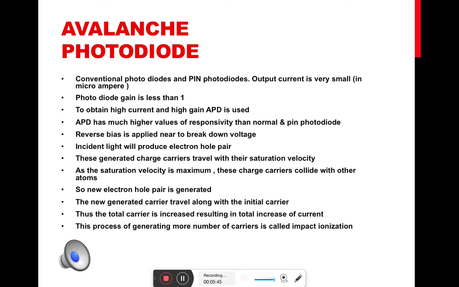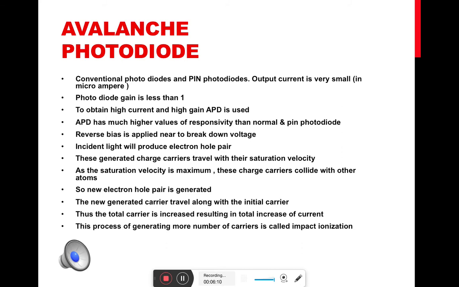In the working of the avalanche photodiode, the structure is similar to that of a PIN photodiode, but the only difference is that in the avalanche photodiode we have an additional P layer coming in between the intrinsic layer and the n-type semiconductor layer. Consider a PIN photodiode.